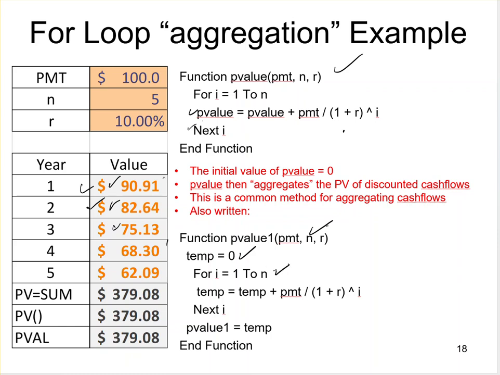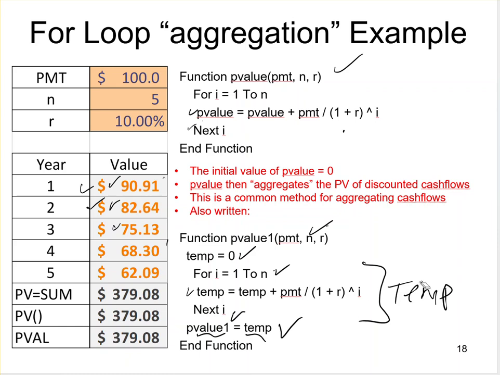Do your for I equal 1 to n, next I, and say temp equals temp plus. So all I've done here is I've created a new variable temp, and then the present value of the cash flows are all inside temp. So temp winds up having the full present value of the 5 cash flows, and then the last line of code, p-value 1 equals temp.